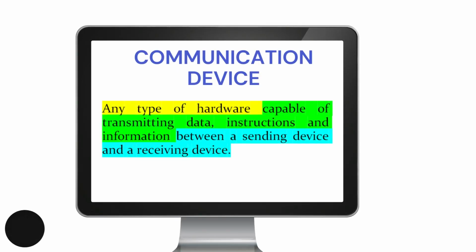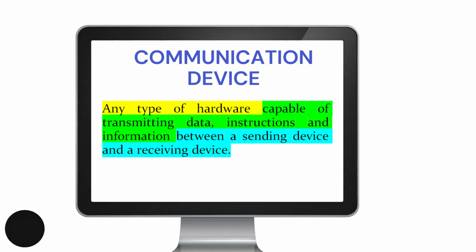The first one, let us have a look at the communication devices. What is it? It is any type of hardware capable of transmitting data, instructions, and information between a sending device and a receiving device.